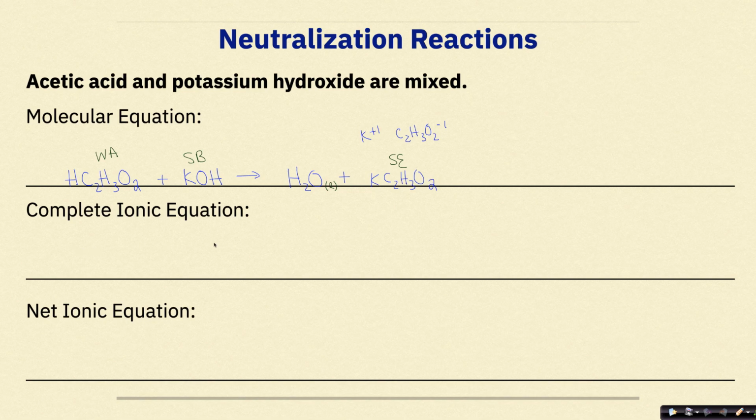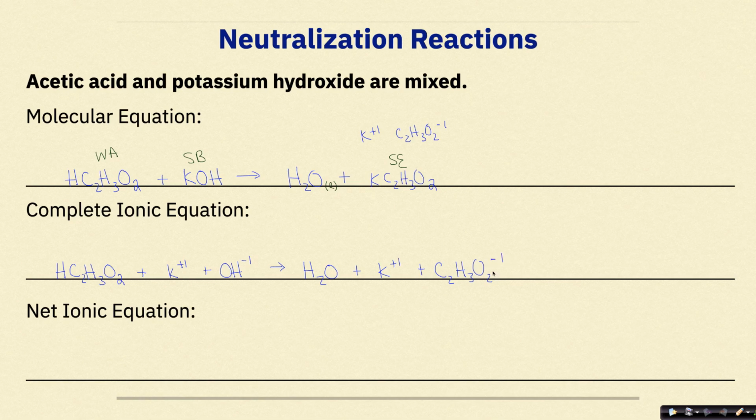So when I write my complete ionic equation, I'm going to leave my weak acid alone. So HC2H3O2 plus K+1 plus OH-1 yields water, H2O, plus K+1 plus C2H3O2-1.